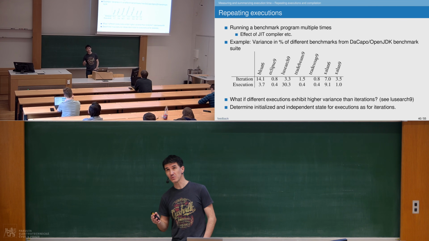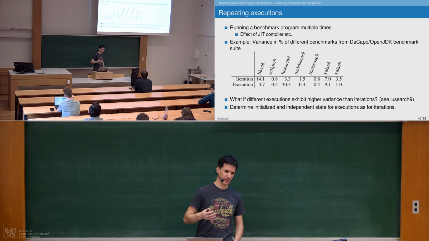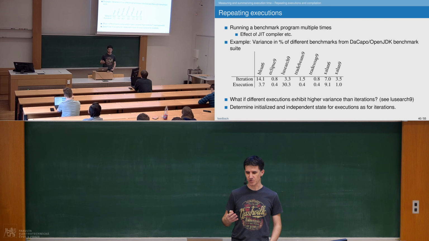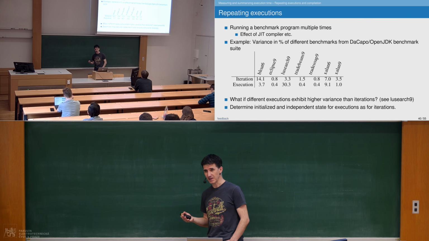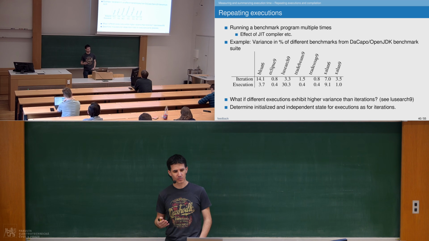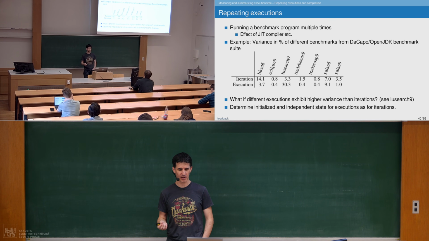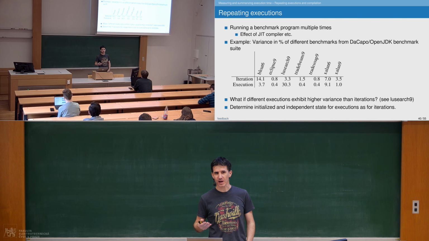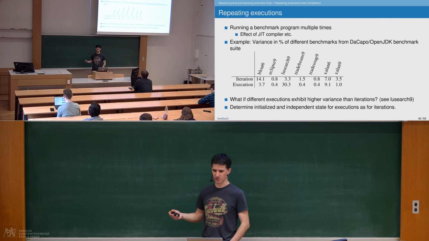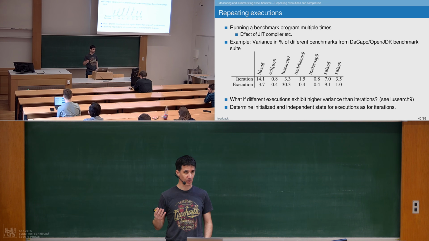Whenever you execute, maybe some parts of your program use a pseudo-random number generator, and you probably know that typically the seed for this pseudo-random number generator is set just at the beginning of program execution. So depending on when you run your program, the seed is different, the random numbers generated are different, and this might have an effect on your program.